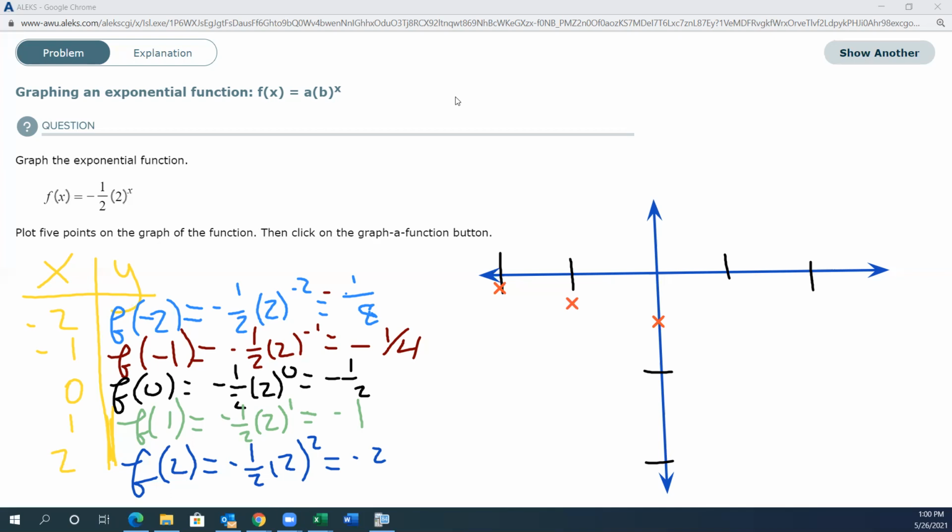About right there. The fourth point is 1, -1. And the fifth point is 2, -2. So if I were to graph that, oh, whoops, forgot I got to turn off the x's. It would look like that. Okay, and that's all you do.